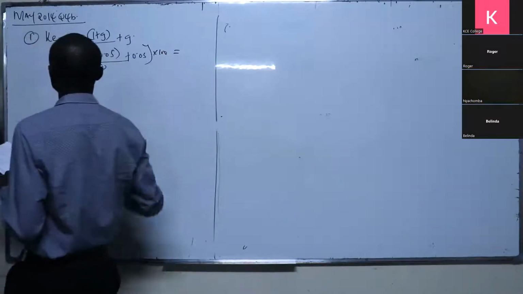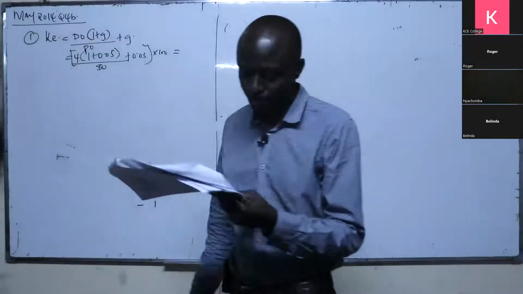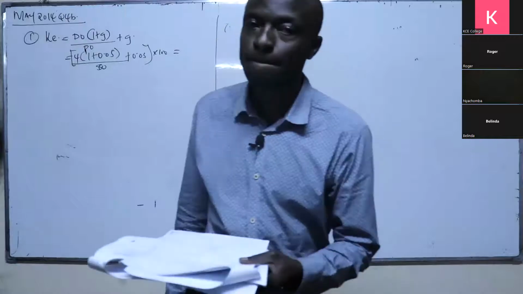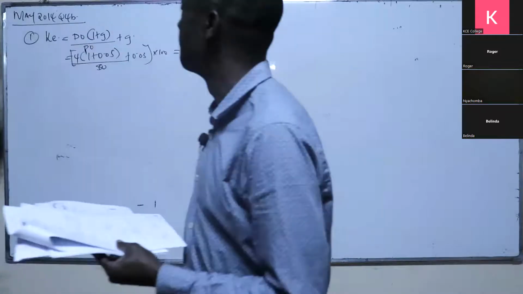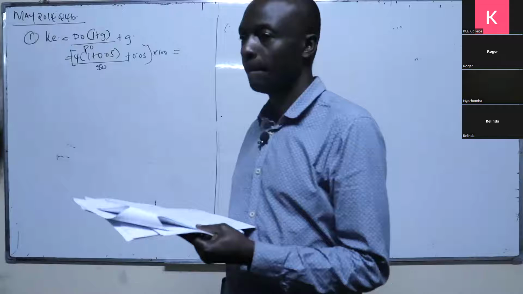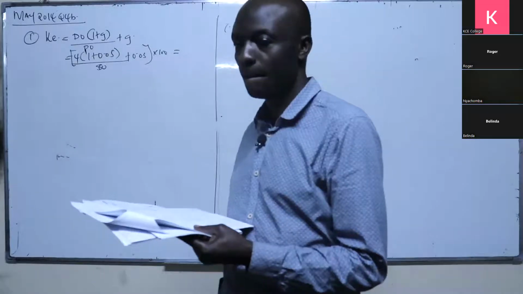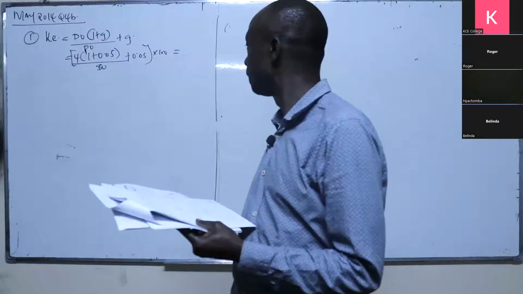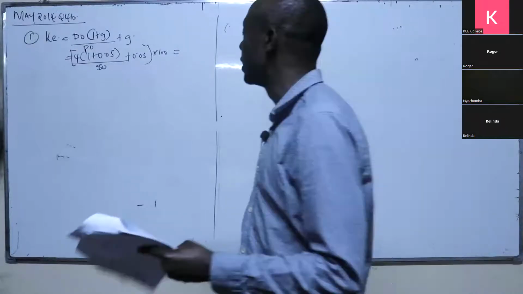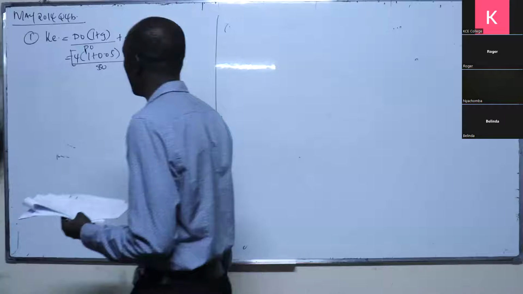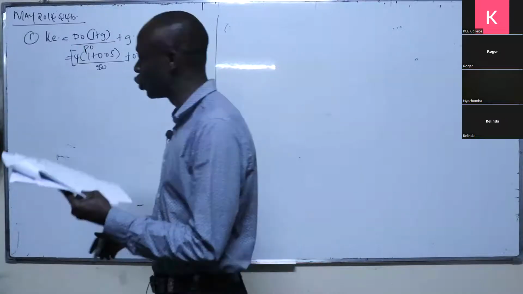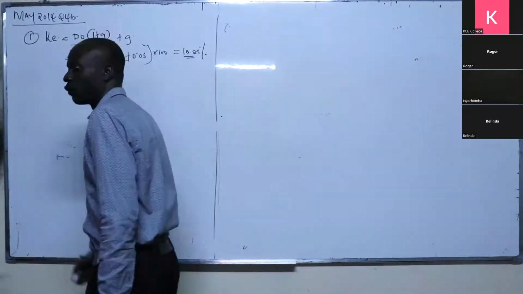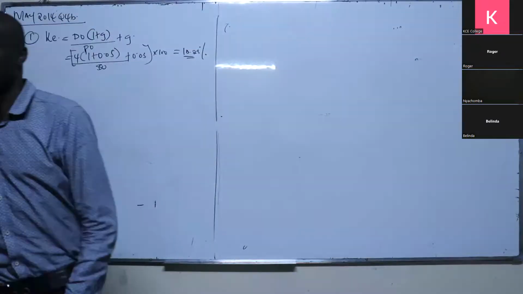So what do you get when you do that computation? 10.25%. So that is the cost of equity.